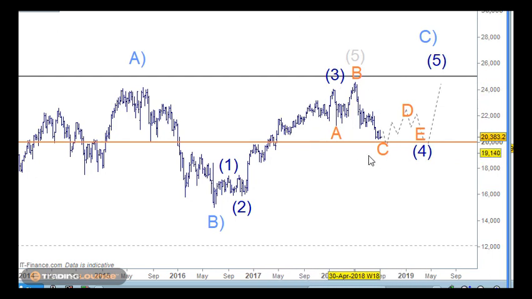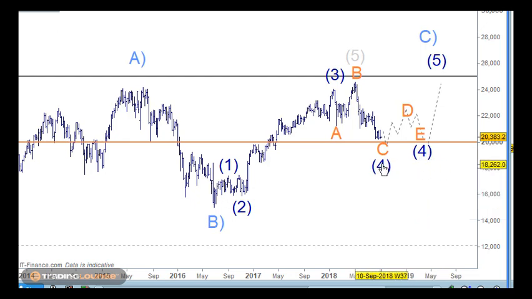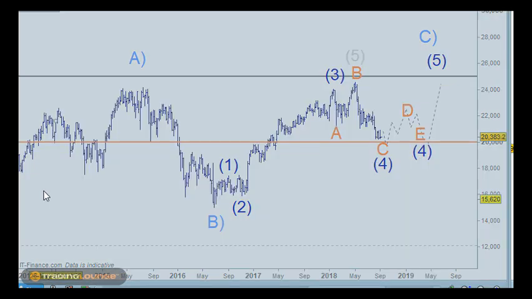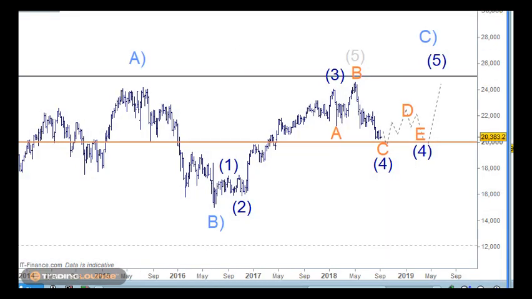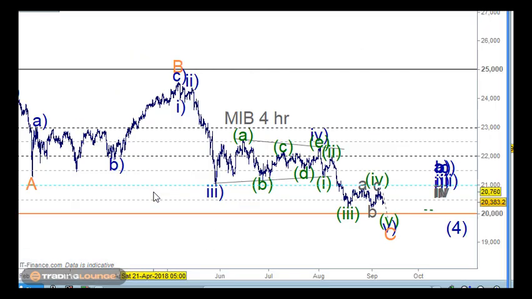So just coming into all of this here, and this move down through here appears to be counting in 5 waves. That's why I've got it as wave C, and it's quite possible for this to be here as well. And then I'm just going to go straight to the 4-hour chart where we are now.